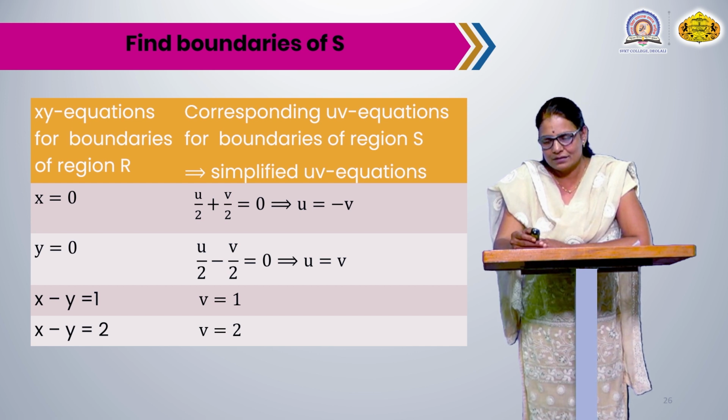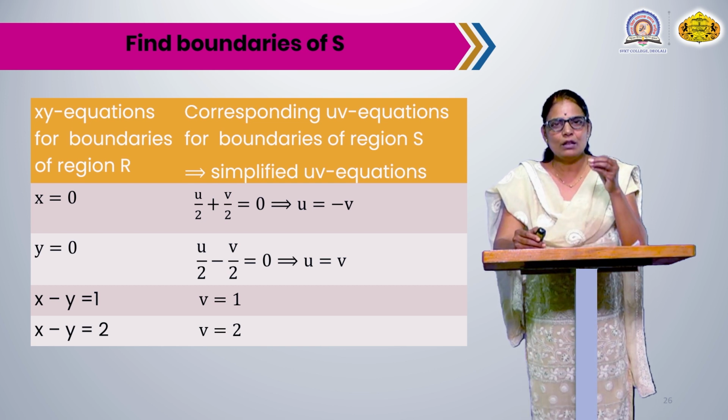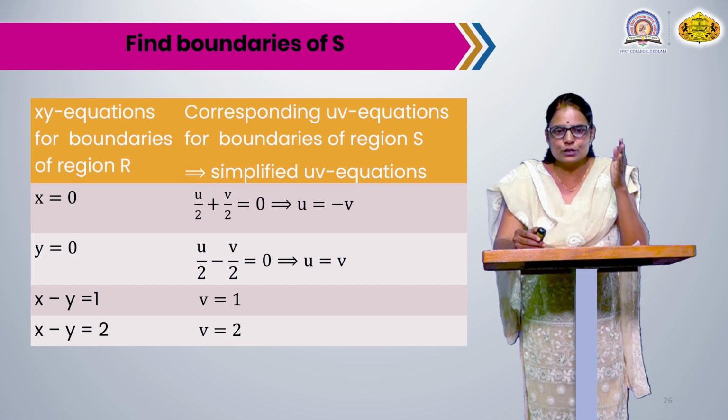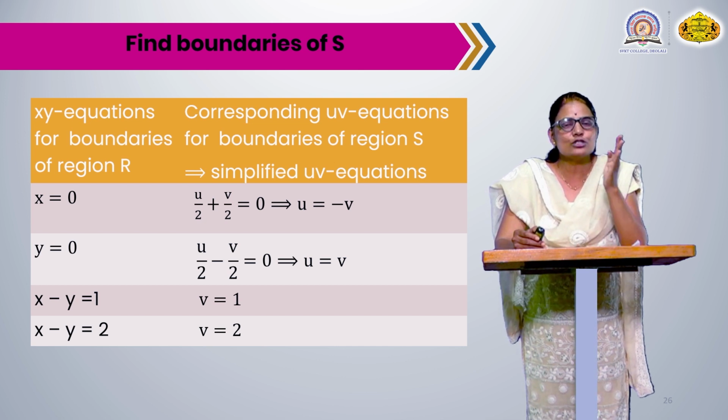All these are the simplest equations you can easily solve, or convert in terms of u and v. The simple logic is that we are given the equation in terms of x and y, we know the values of x and y in terms of u and v, and we just express these equations in terms of u and v. So here we got the boundaries of region G.